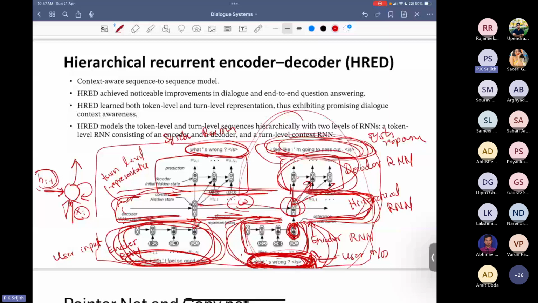Now, we look at some other models which are specifically needed for these dialogue systems.